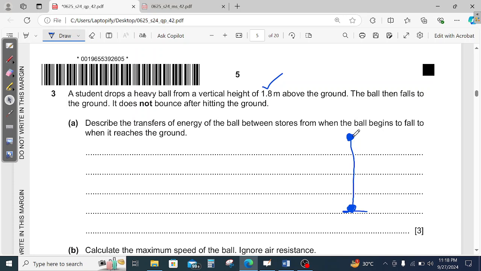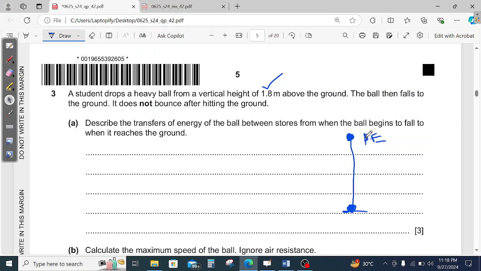Remember, the energy possessed by a body due to its height is known as potential energy. This is your potential energy.